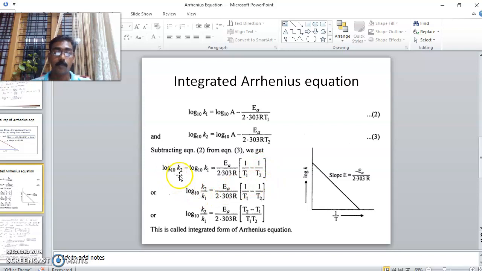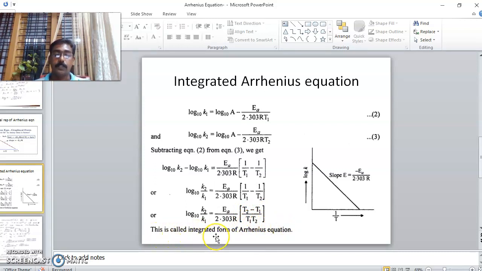This is of the form log A minus log B, and log A minus log B is log A by B. So it is log k2 by k1 is equal to Ea divided by 2.303 into R into 1 by T1 minus 1 by T2, which upon rearranging you will get log k2 by k1 is equal to Ea by 2.303 R into T2 minus T1 divided by T1 into T2.